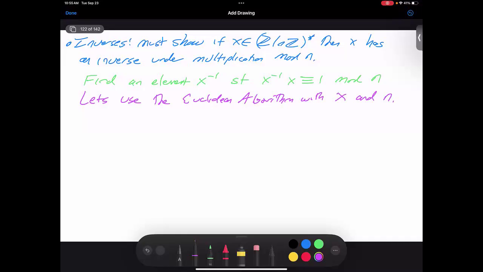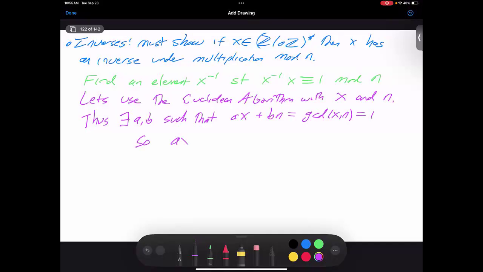Thus, there exist a and b such that a times x plus b times n equals the GCD of x and n. But what's the GCD of x and n? Because x is in the set of elements relatively prime to n, the GCD is 1.